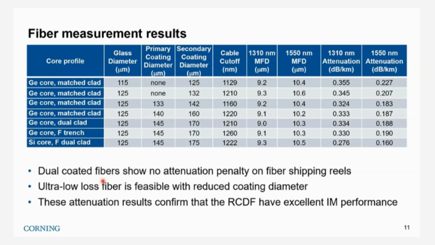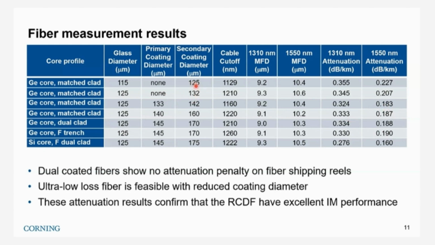What you can see from this table, for the dual coated fiber with a coating diameter of about 140 microns, the attenuation on the shipping reel has almost no penalty compared to the 250 micron coated fiber.